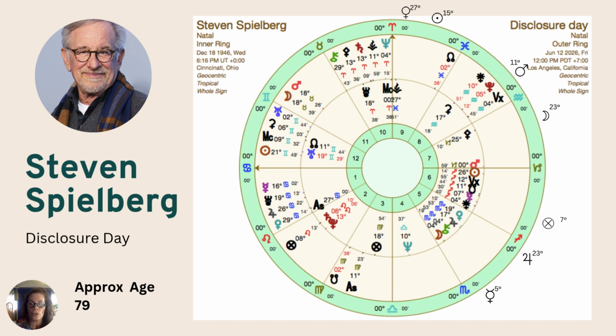So if we look at OP Venus in his chart, it is at 27 degrees, and that is conjunct his natal Vesta in the sign of Pisces. And that is in a grand trine at the time this movie is launched. So it's in a grand trine with his ascendant at 27 degrees in Cancer.